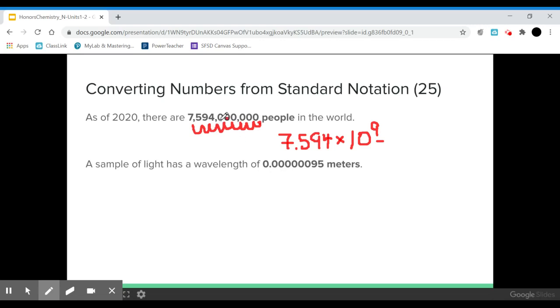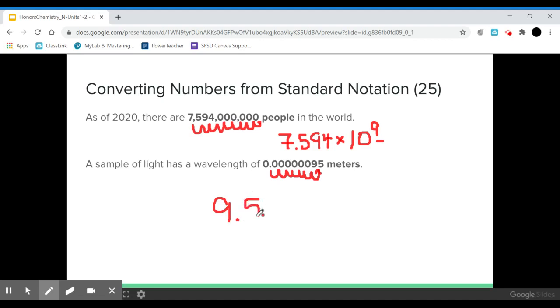The same thing holds true with very small numbers. So if I have the wavelength of a sample of light, 0.000000095, it's kind of annoying to keep writing those zeros, and that's why it's useful to use scientific notation in these types of circumstances. I'm going to take that decimal, 3, 4, 5, 6, 7 spaces is the number of spaces I need to move it to make the number 9.5.